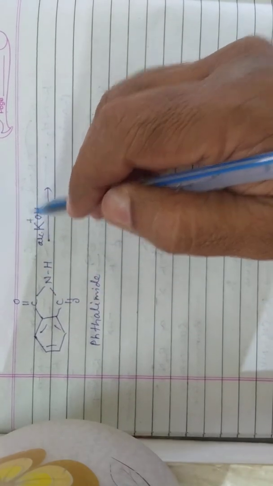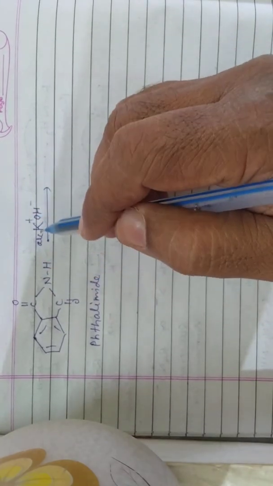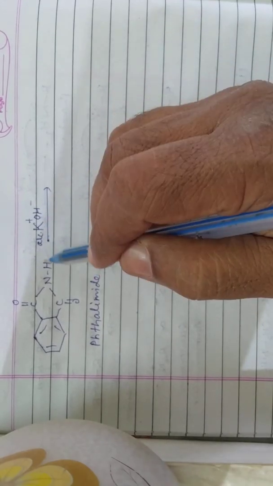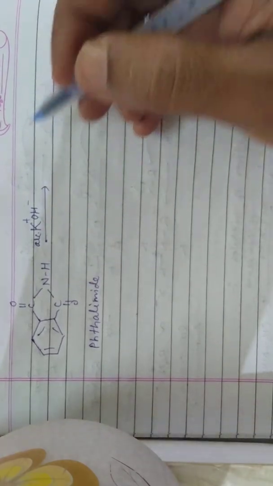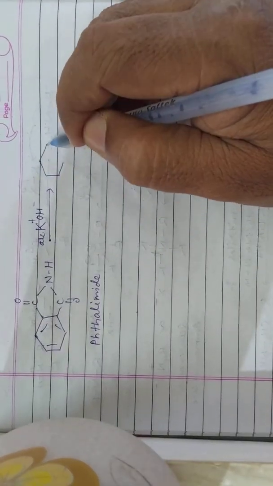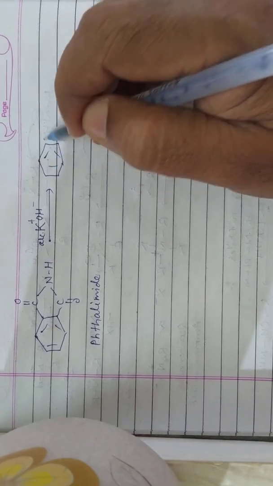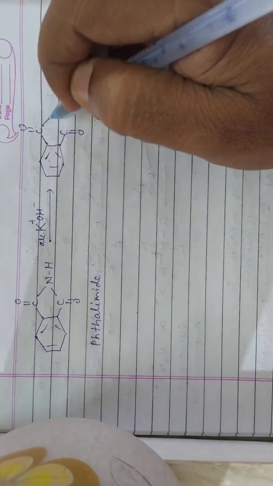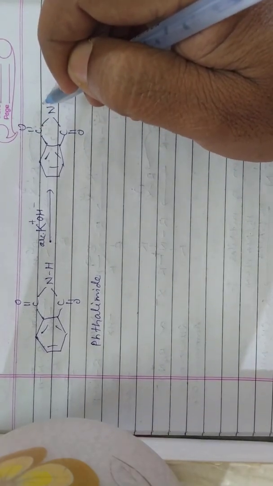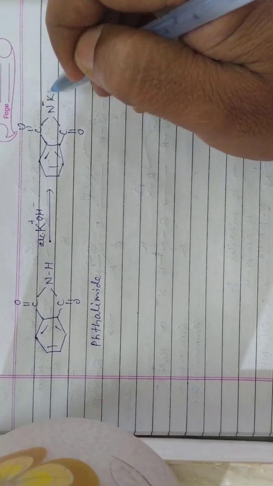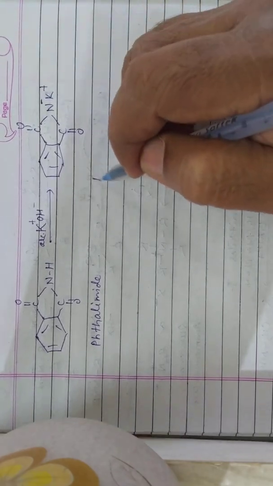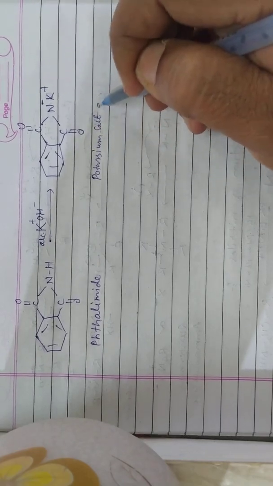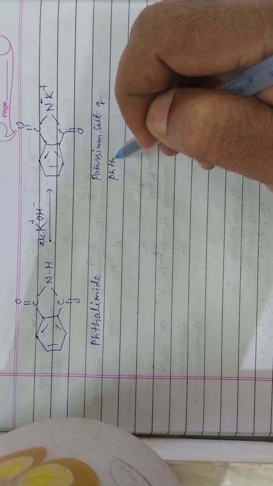How? Here you see this H and OH will form H2O and K positive will come here. So the product will be the potassium salt of phthalimide, N negative K positive.